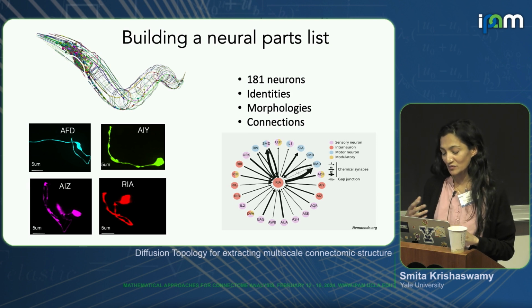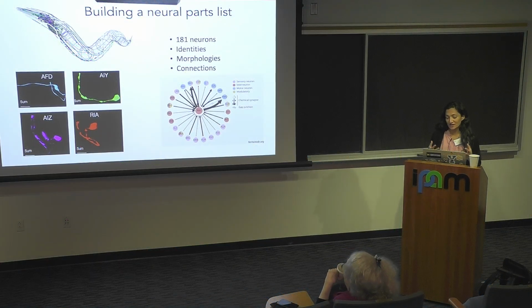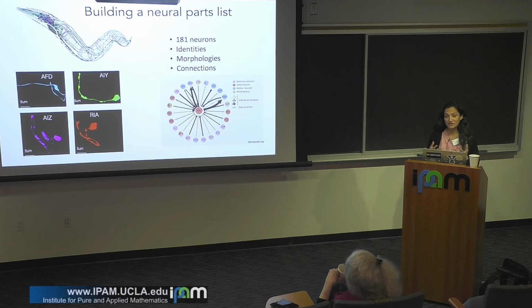So one of the projects that I'll talk to you about involved learning the architecture having to do with the 181 neural pill or nerve ring neurons and their connectivity together with a collaborator, Danielle Colon-Ramos at Yale. And first I'll deviate and talk a little bit about the methods and the philosophy behind a lot of my methods. And then I'll return to applying it to this question.